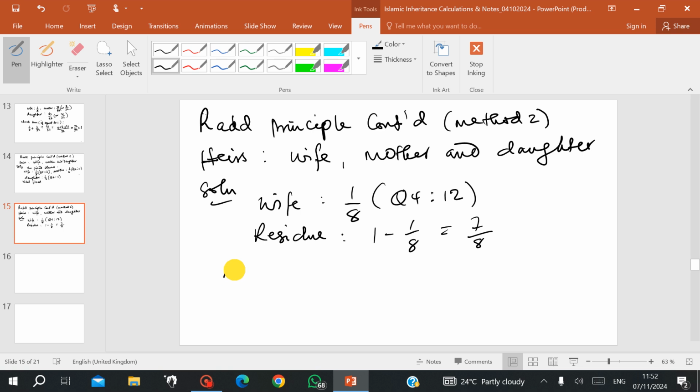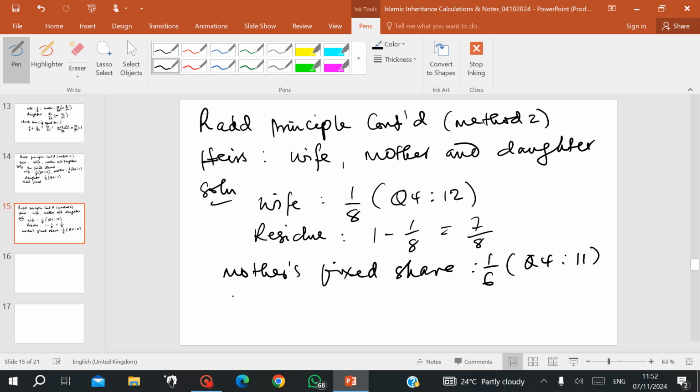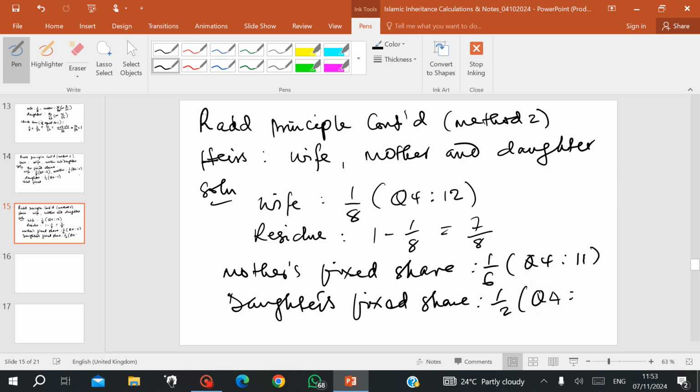So first of all, mother's fixed share is 1/6 because there is a child, according to Quran chapter 4, verse 11. And daughter's fixed share is half, according to the same Quran chapter 4, verse 11.